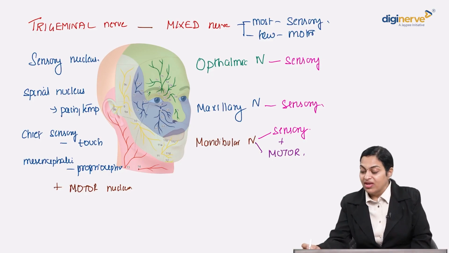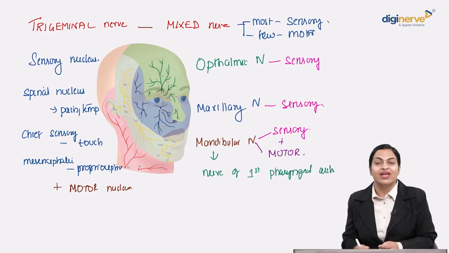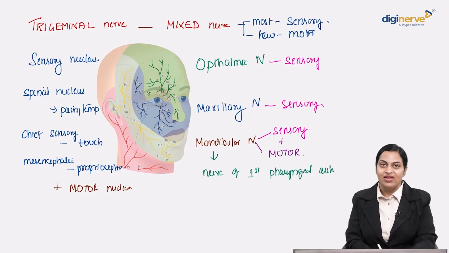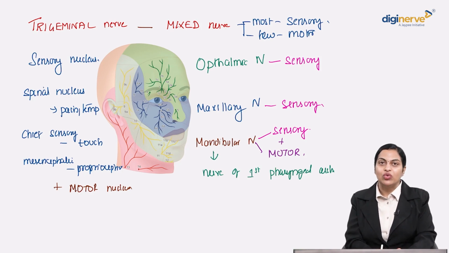And remember, the mandibular nerve is the nerve of the first pharyngeal arch, special visceral efferent column. We have discussed this in detail in the head and neck session, so for further basic details, refer to that session.